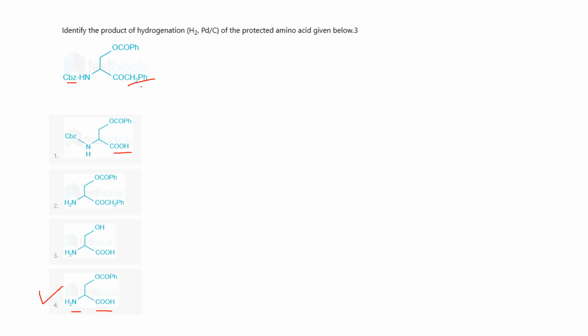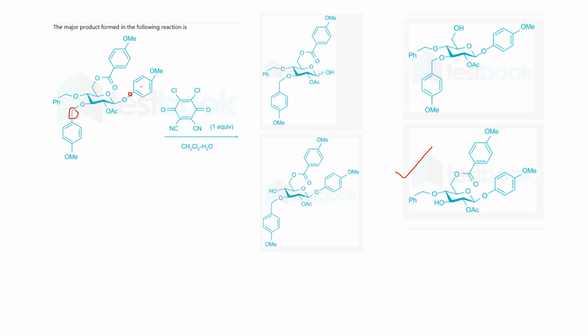So you have to remember which group can be deprotected by which reagent, otherwise there will be confusion. So DDQ can deprotect para-methoxybenzyl ether.